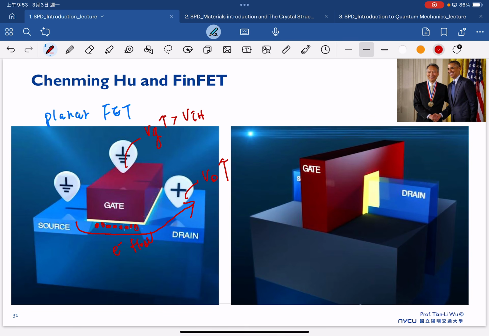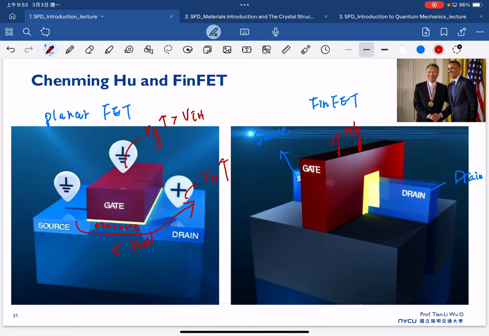But now if you look at the FinFET, this is the structure of a FinFET. In the case of FinFET, the general idea is more or less the same. We have the source region, we have the drain region, and we also apply the gate.